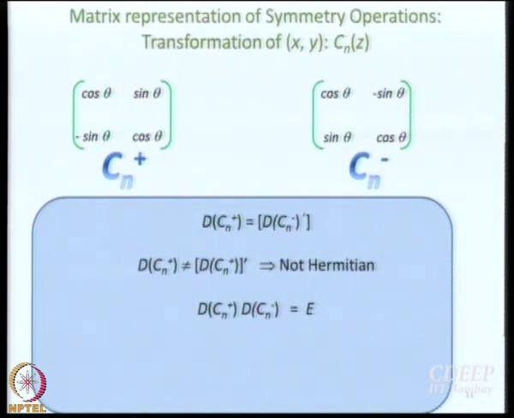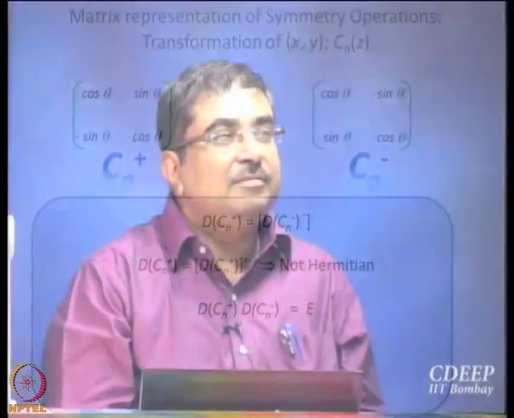First row, second column, cos theta into minus sin theta, so minus cos theta sin theta plus sin theta cos theta, that is 0. Second row, first column, minus sin theta cos theta plus cos theta sin theta, 0, and second row, second column, minus minus plus, so no problem, sin square theta plus cos square theta.